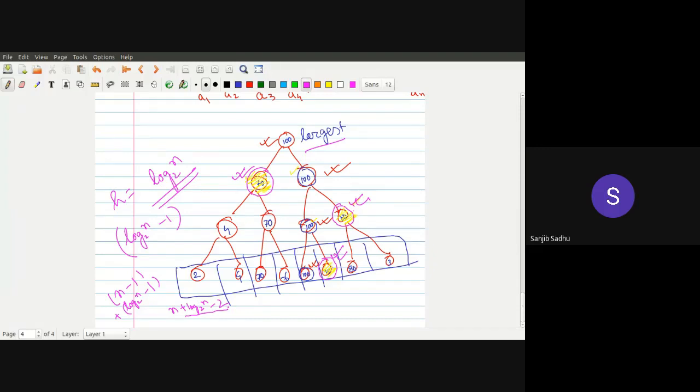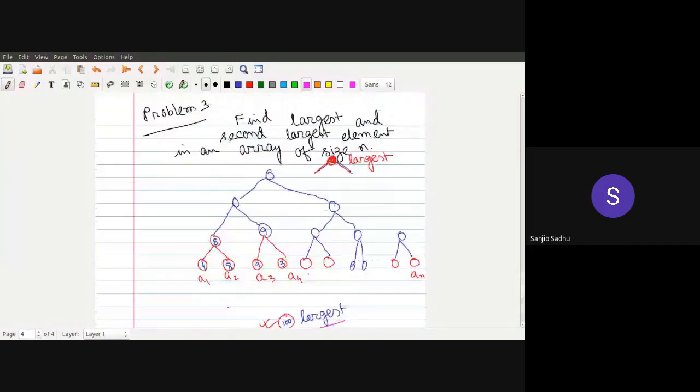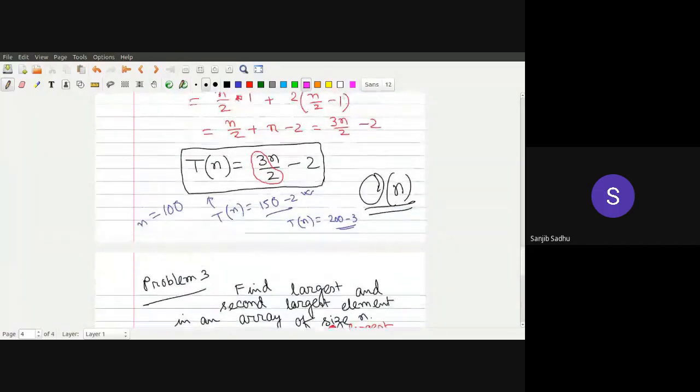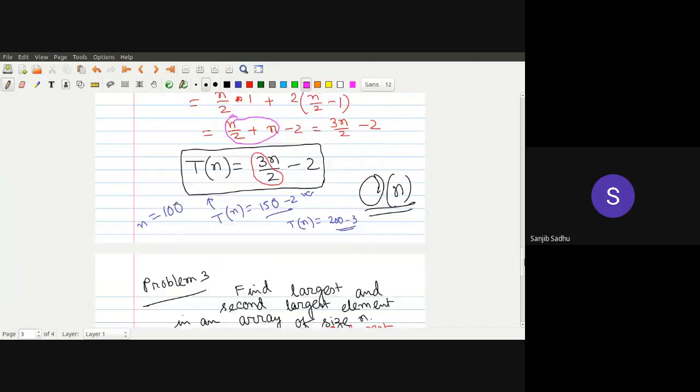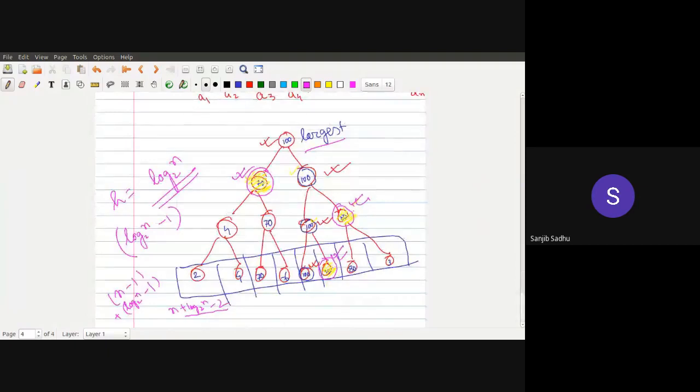You see, in the previous case it was 3n by 2 minus 1. Basically, you check this portion: n plus n by 2 minus 2, and here it is n plus log n minus 2.